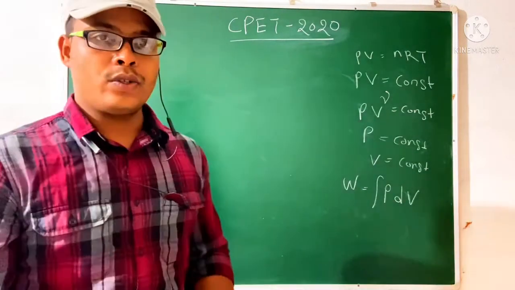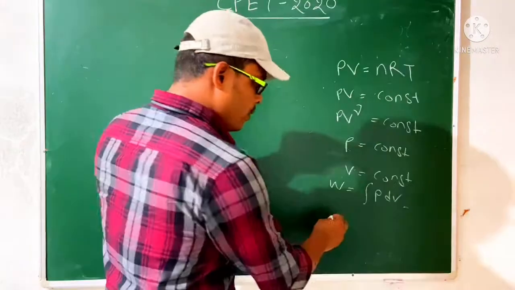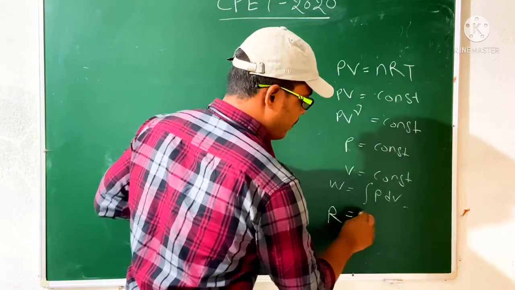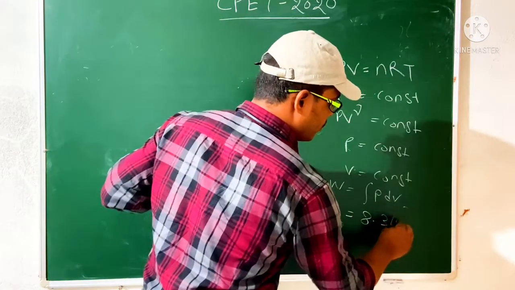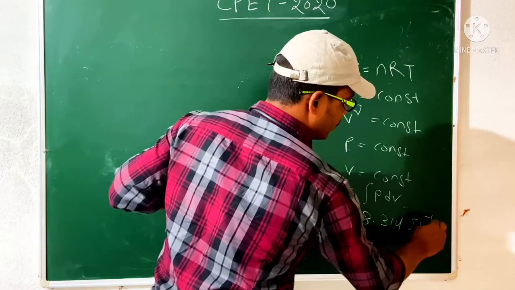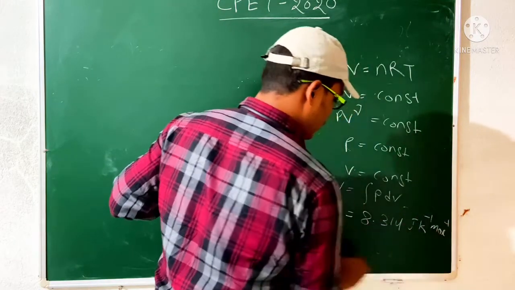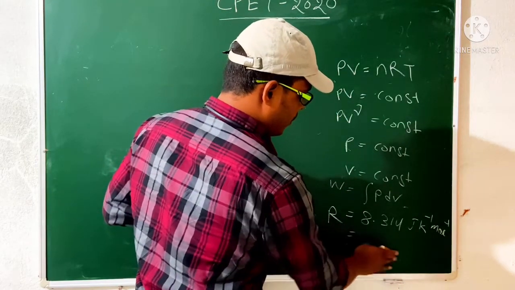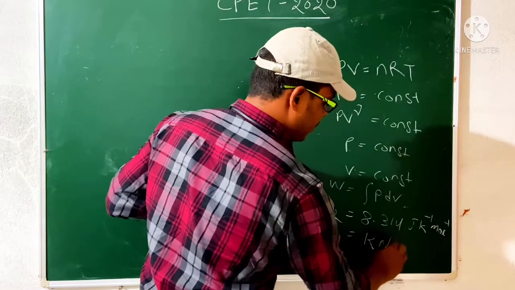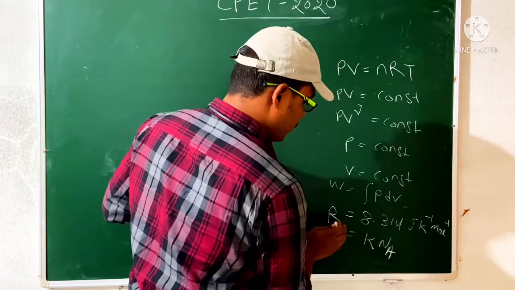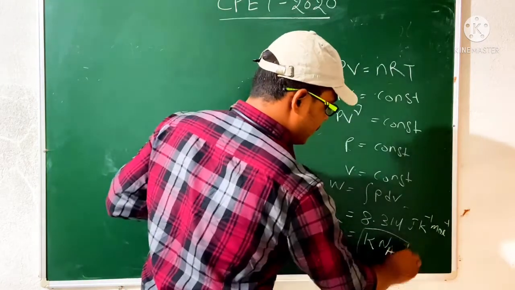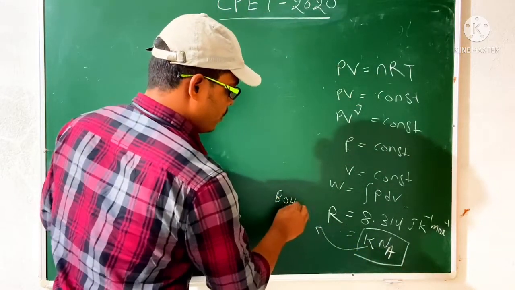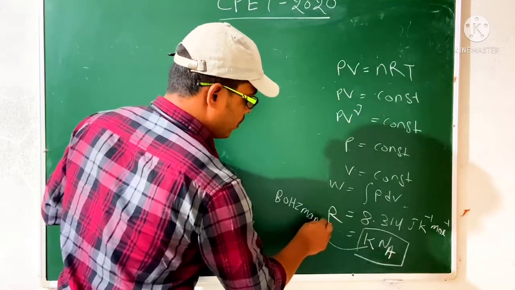That is your 8.314 Joule Kelvin inverse mole inverse, and remember the R is nothing but equal to K into Na, right? So R equal to K into Na. So what is K? K is your Boltzmann constant.